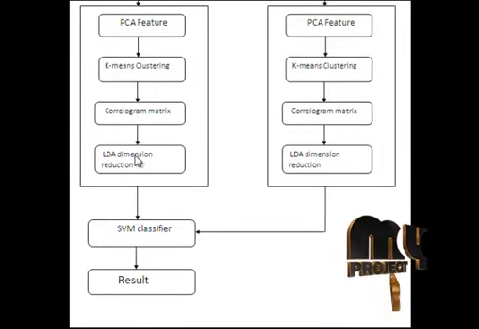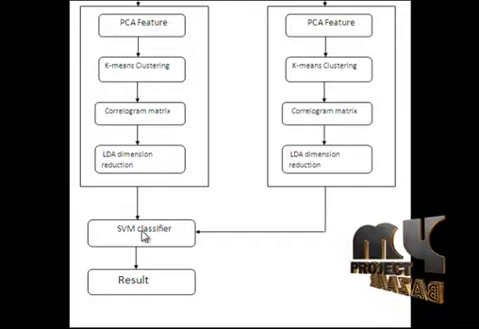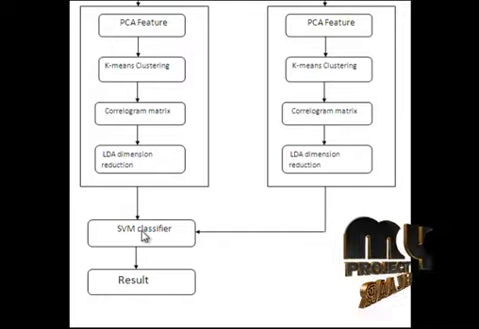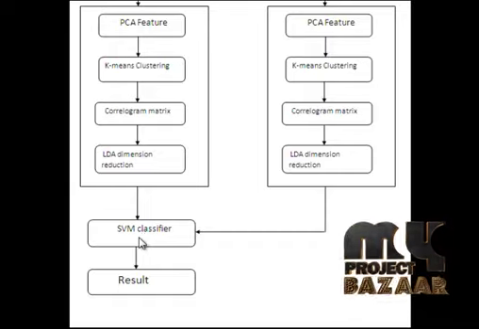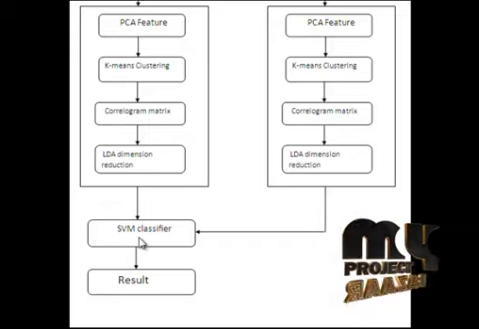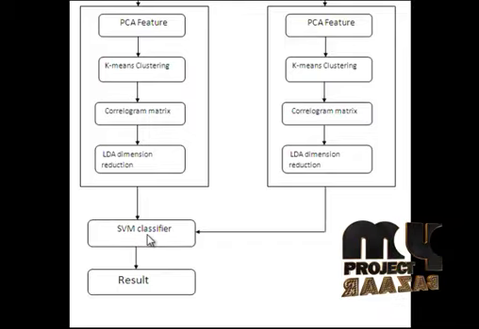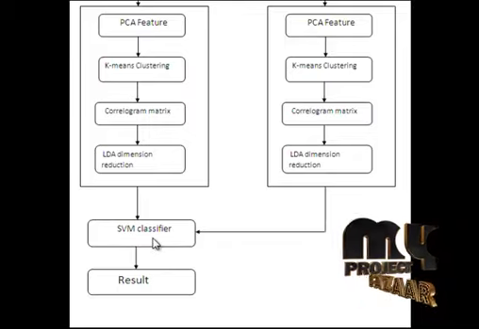After extracting the LDA feature, it will pass to the SVM classifier. SVM classifier is one of the supervised classifiers. This is one of the kernel based techniques which represent a major development in machine learning algorithms. We provide our feature values to the SVM classifier. The classifier will train on the feature.